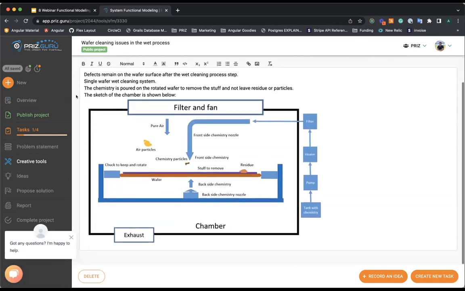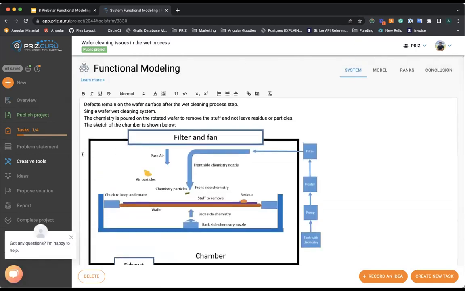And a couple more examples that we have here. This is also a real example from the past, which I think we discussed in one of our webinars before.